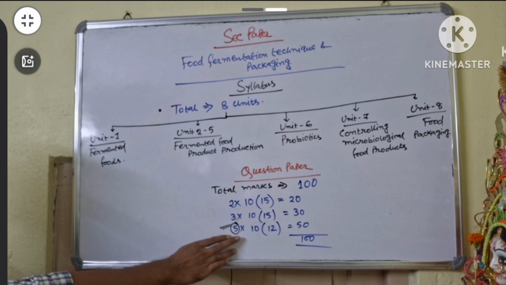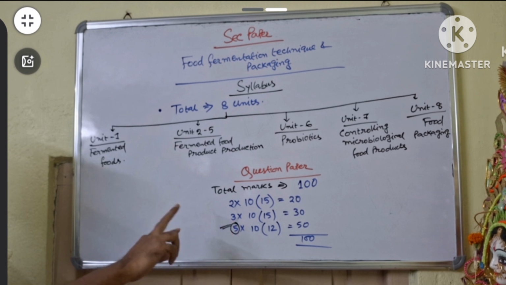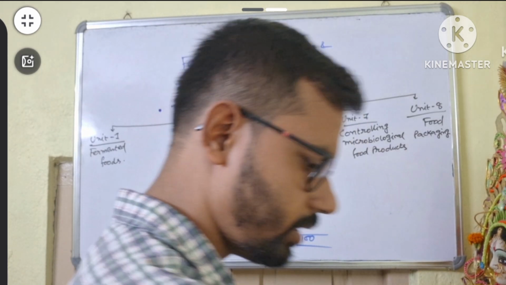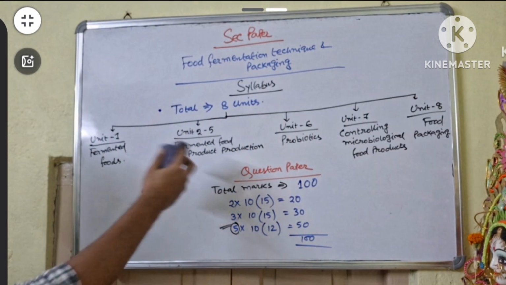So the highest awarded marks is 5, sometimes split also, 2 plus 3, 3 plus 2, etc. Above 5, in Calcutta University, there are very few questions, in the case of the SEC paper also.